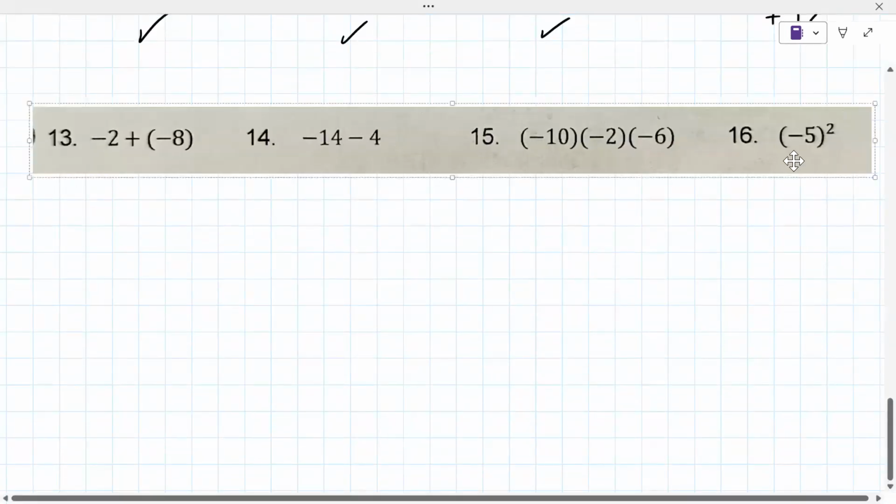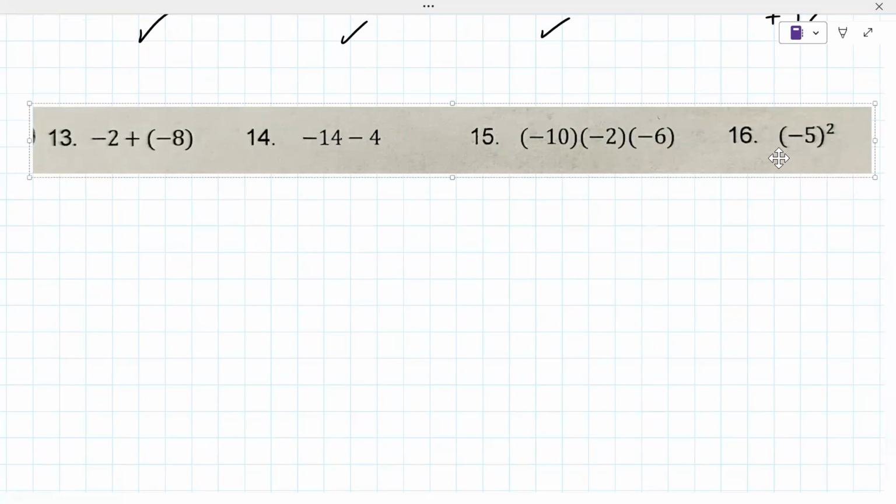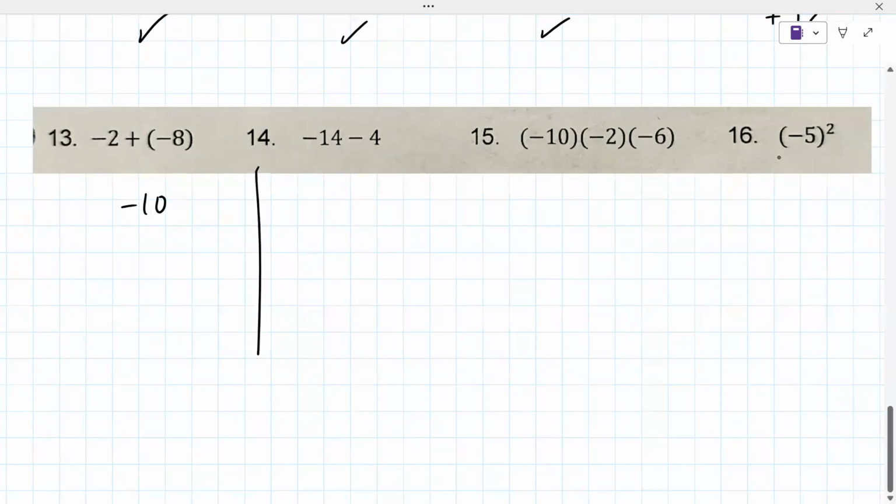All right. That's fine. Negative 2 plus negative 8 is going to be negative 10. Okay, good. Negative 18. Okay, good.